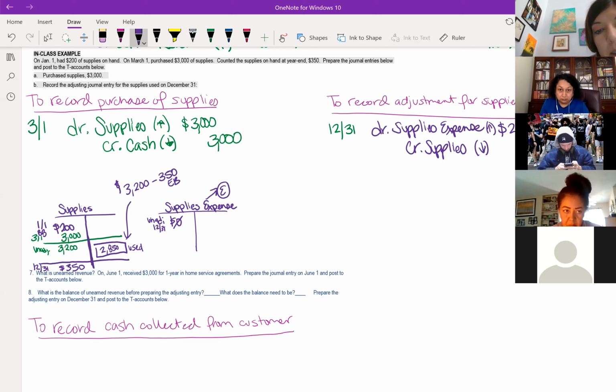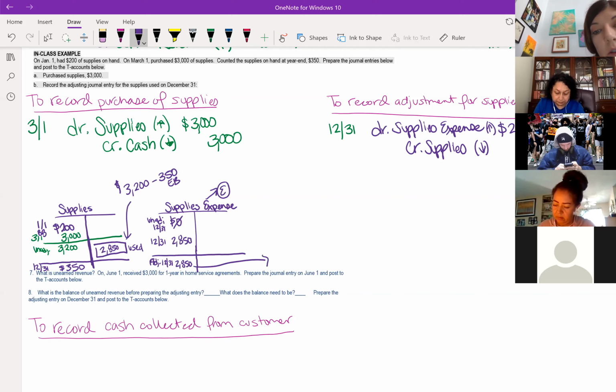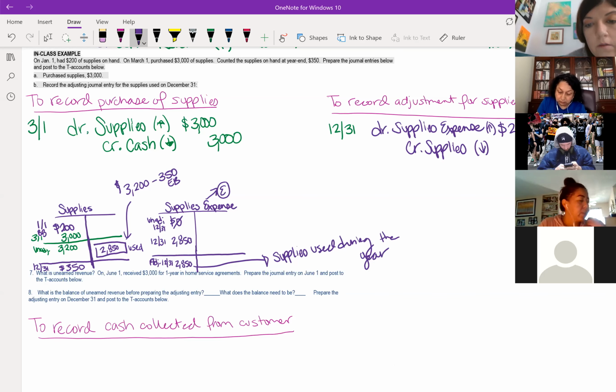So the ending balance and the beginning balance would be on that debit side. We debit the account in the journal entry on 12/31 for $2,850, increasing that account to $2,850, representing supplies used during the year. Right?